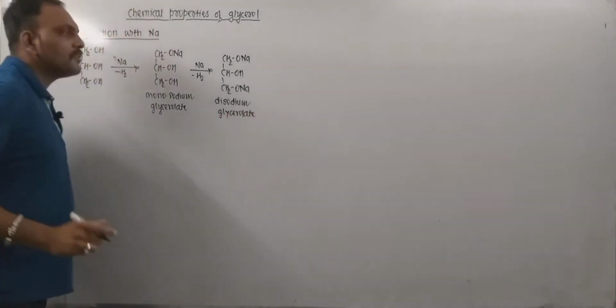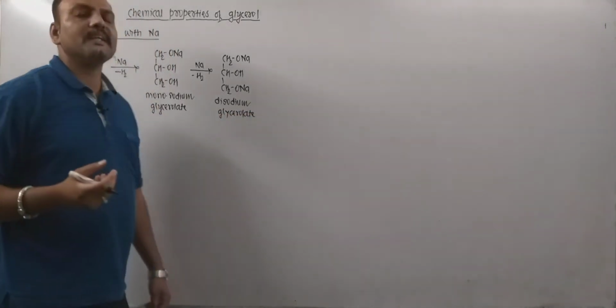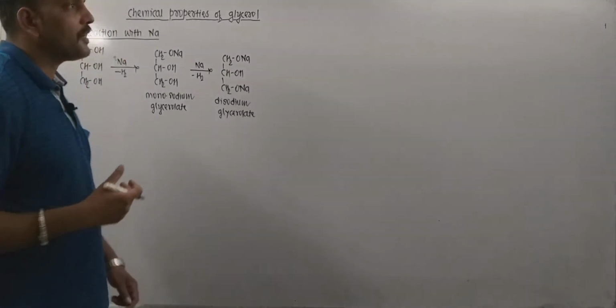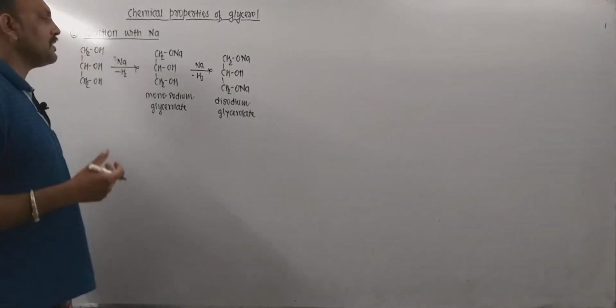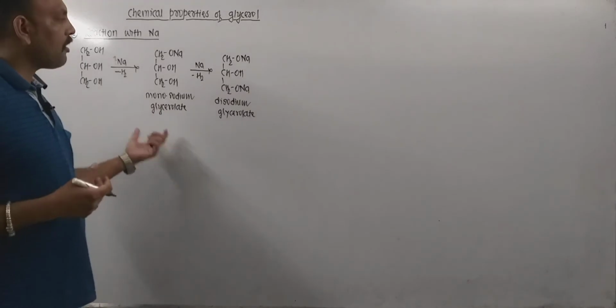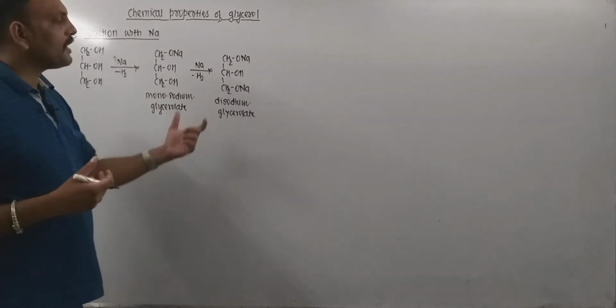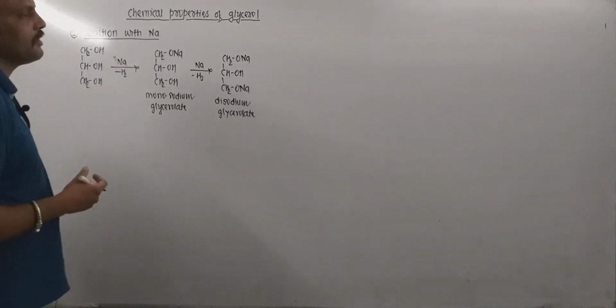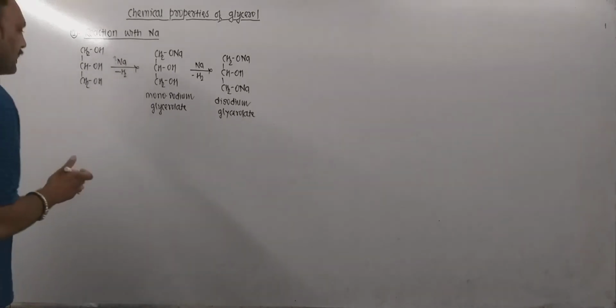In this way, sodium when treated with glycerol, with the evolution of hydrogen gas, we may receive the mixture of two, or most predominantly disodium glycerolate will be the product of the reaction.